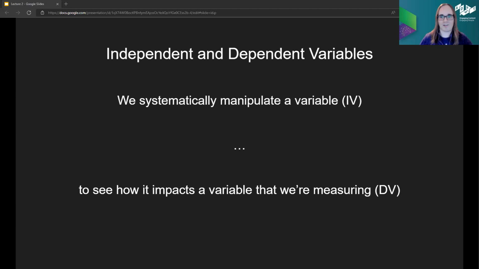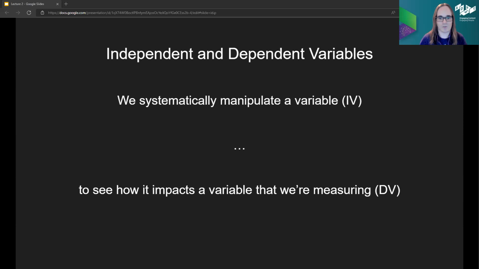Why is it called the independent variable? Well, we know that nothing else impacted that variable. Nothing else influenced somebody's value or score for that variable other than us. We, the experimenters, set that variable for them. It's independent of all outside factors.